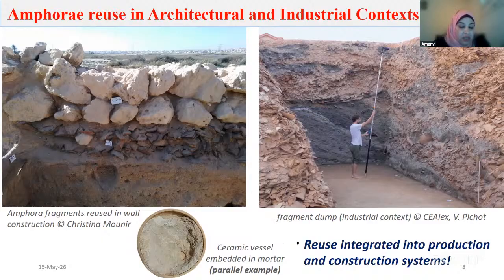These examples illustrate the same idea, showing how ceramic vessels could be integrated into constructions. We also find a large number of amphora fragments linked to production activity. This reflects continuous cycles of use, reuse, and discard. Even as fragments, they remained part of the built environment.